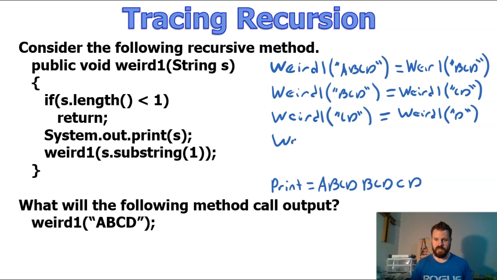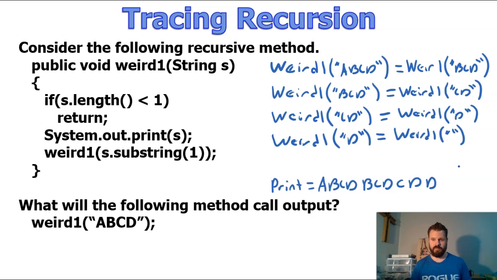Okay, and then what does weird1 of D do? Well, the length is still not less than 1, so we're not going to return yet. We're going to print that D, which is going to call weird1 of the empty string.